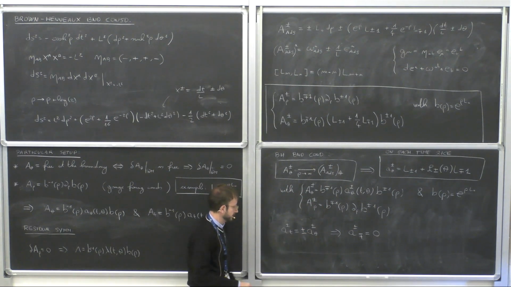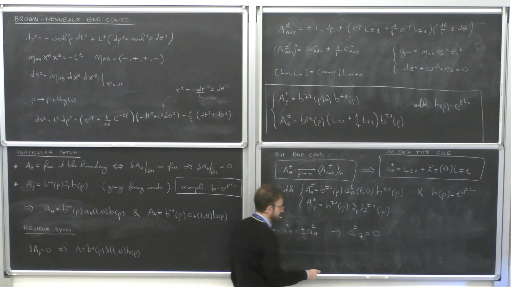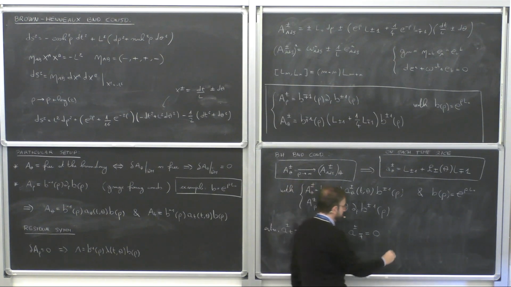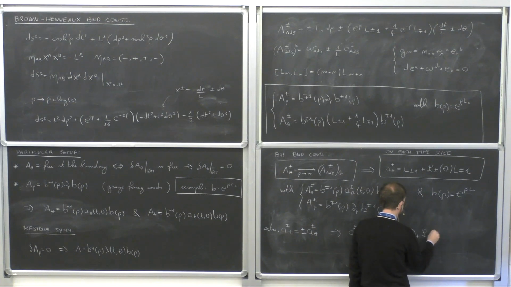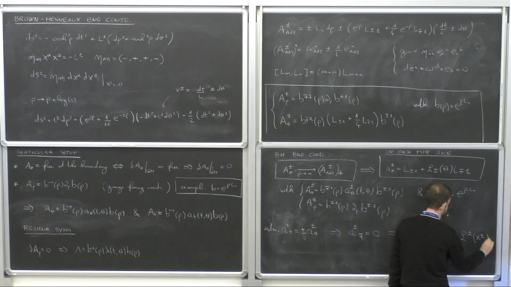If I impose this extra condition, then the result is that this condition is equal to 0, and if this condition is equal to 0, then you discover that you have a relation of the type, and these functions become just chiral functions.